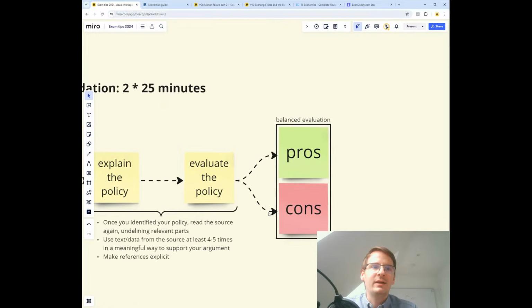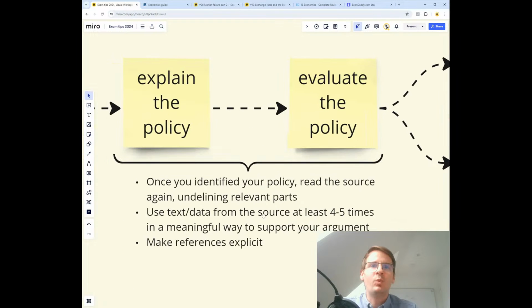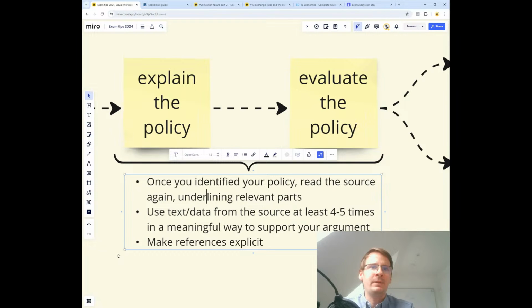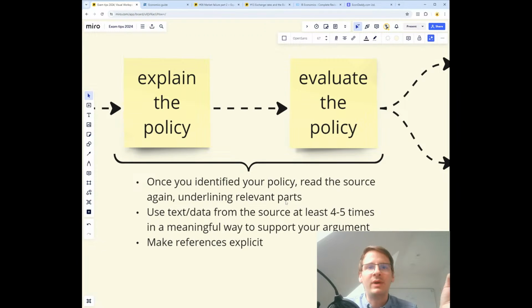My other suggestion here is that once you identified your policy, read the source again, underlining the relevant parts, and make sure that you use the text and data from the source at least 4 or 5 times here, just like in your part G of paper 2, in a meaningful way to support your argument. Don't just throw in numbers randomly.